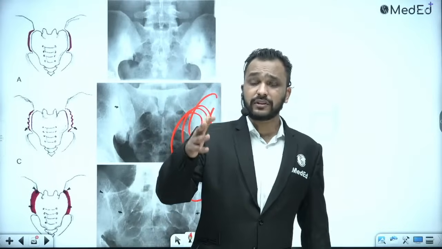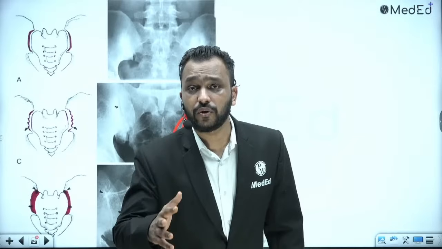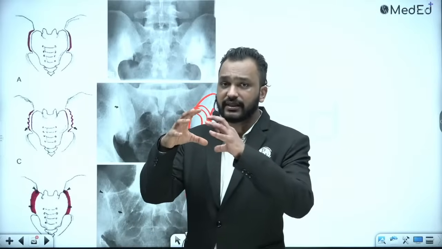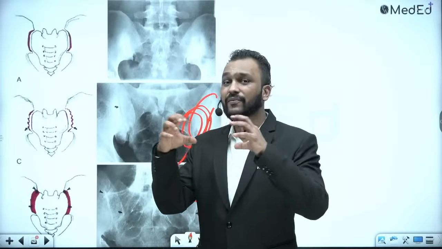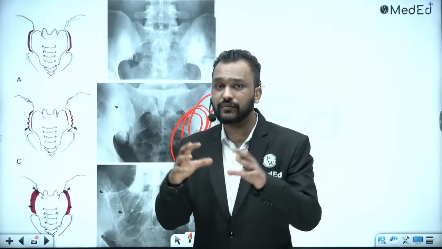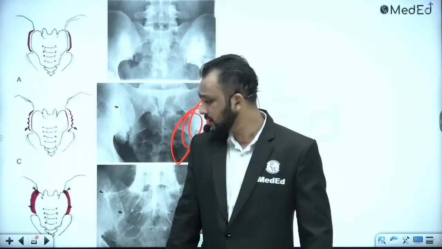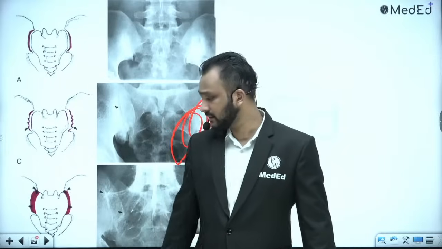And ankylosing spondylitis is also going to involve the enthesis. What is enthesis? Enthesis is the region of junction of tendon or ligament with the bone. So at those points you are going to see inflammatory changes.